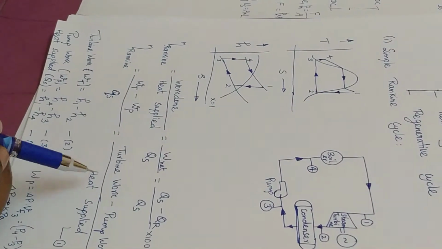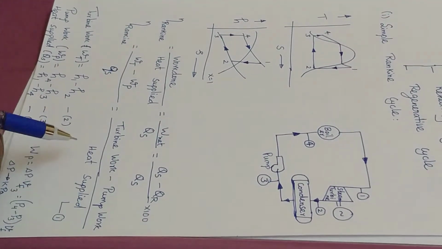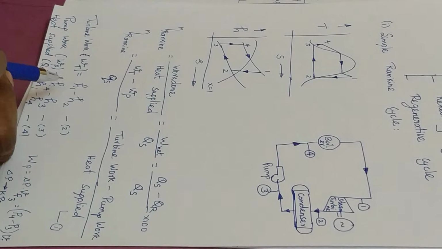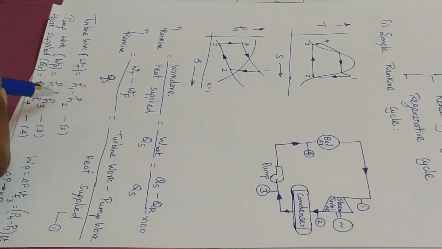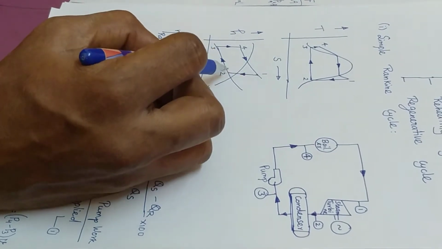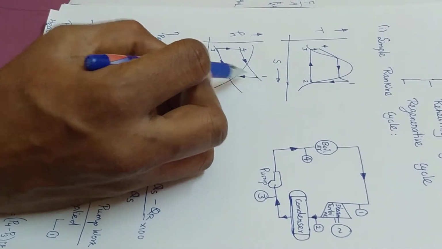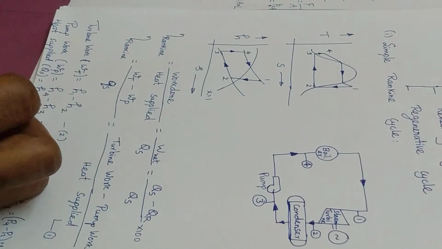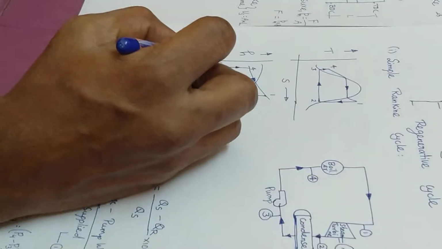Let's see how to find the turbine work, pump work and heat supplied. The turbine work in terms of enthalpy is H1 minus H2. During isentropic expansion, H1 minus H2, because H1 is greater than H2. And pump work we can find as H4 minus H3.